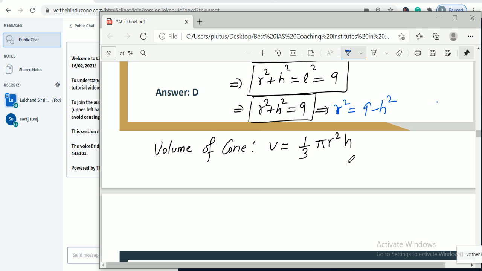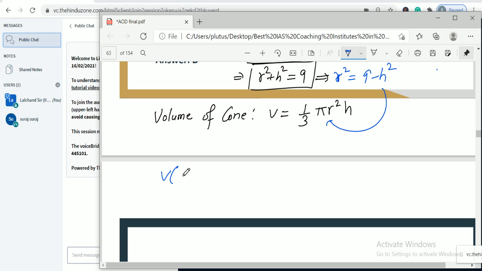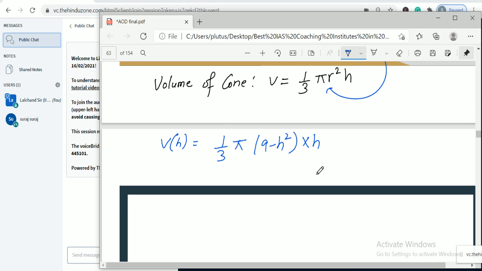If we substitute this value here, then the volume is completely a function of variable h. So we can say 1 by 3 pi into 9 minus h square into h. So this function is 1 by 3 pi into 9h minus h cube.